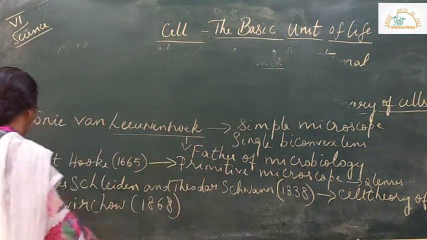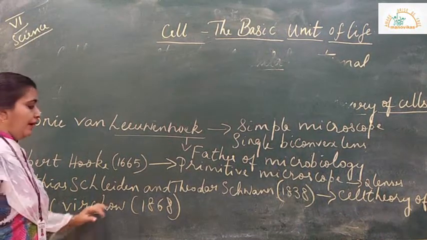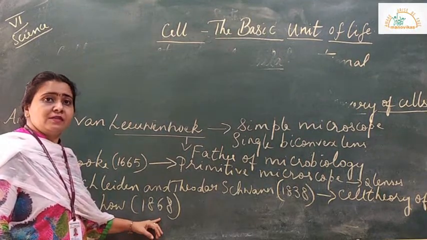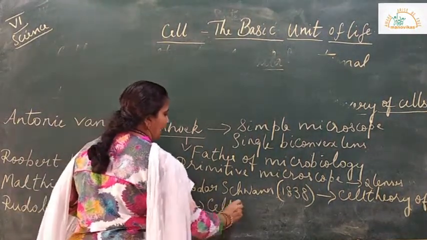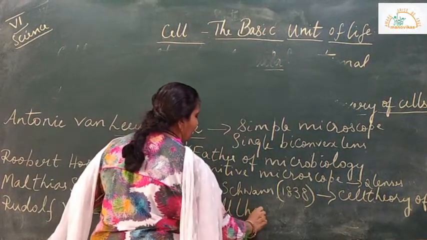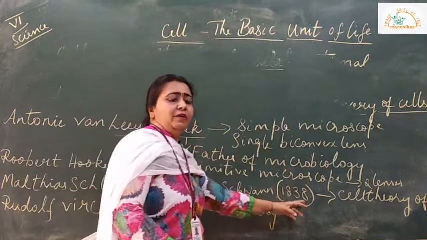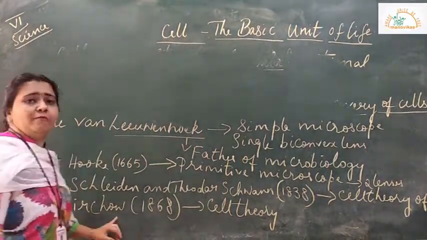Now let us see the next scientist, Rudolf Virchow. In 1868, he proposed the cell theory. Schleiden and Schwann put forward the earlier theory, but this was proposed by who? Rudolf Virchow.